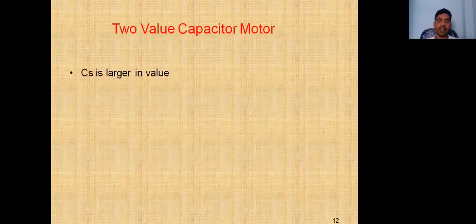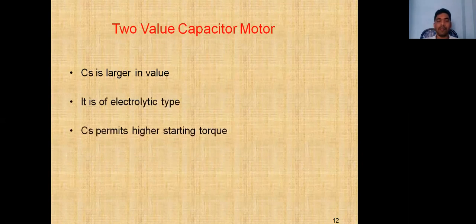Two value capacitor motor. The starting capacitance is larger in value. It is of electrolytic type, and the starting capacitor permits high starting torque. The running capacitor is small in value.